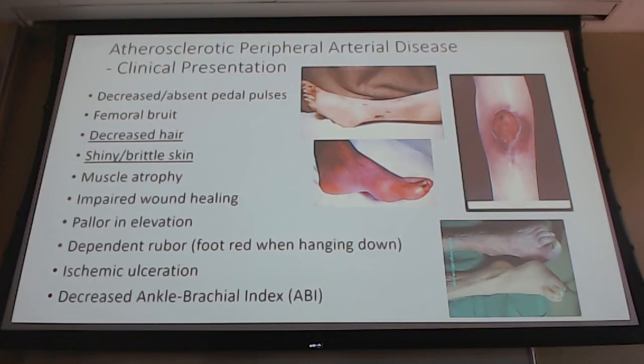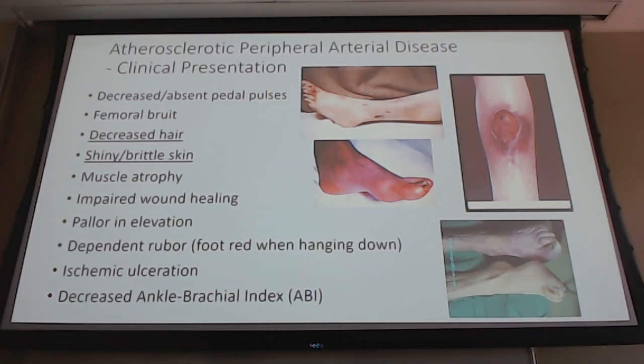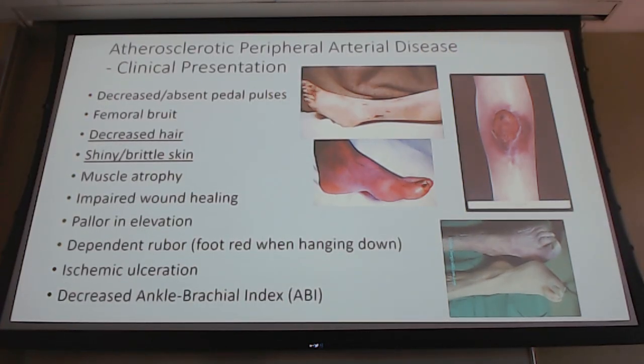Okay, so what does it look like? You may see these patients in your clinic. I have. Okay? You're going to have decreased or absent pedal pulses. You may have a femoral bruit. You may have a bruit within your iliacs. You'll have decreased hair and shiny, brittle skin.